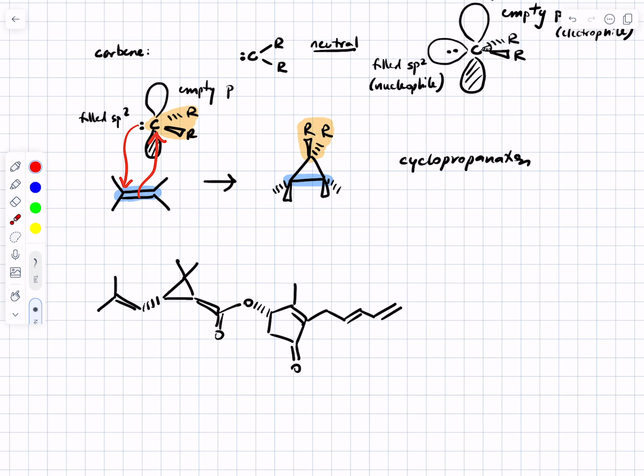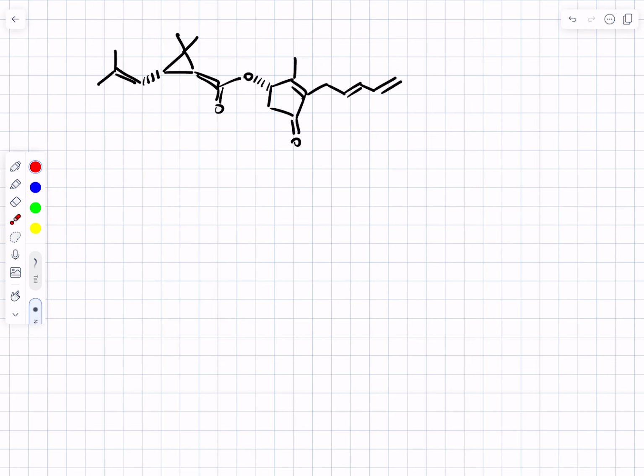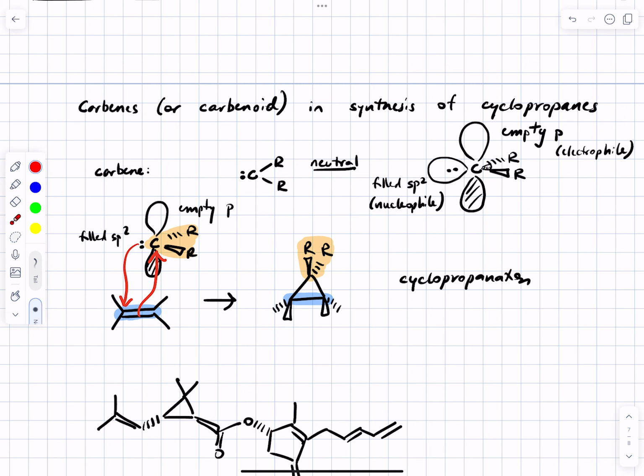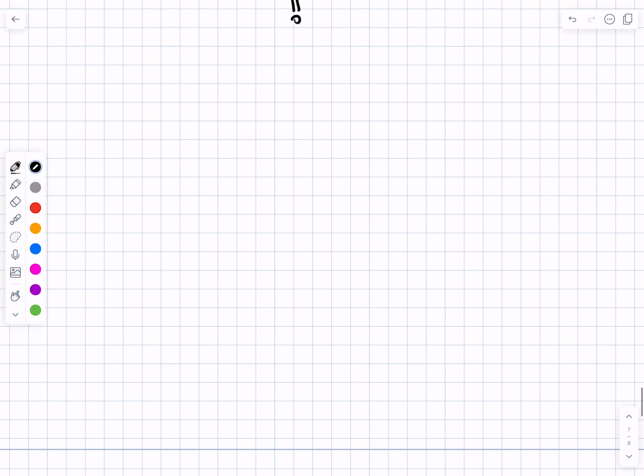So let me show you some examples of forming cyclopropanes using carbene type chemistry in organic chemistry. Carbenes are very reactive, and so it's often true that instead of synthesizing the carbene and then storing it in a bottle and using it later, you have to synthesize the carbene and use it in situ. That is, you make it and then you do the reaction all in the same pot. What I'm going to show you for the first reaction in this portion of the chapter is an example of that.